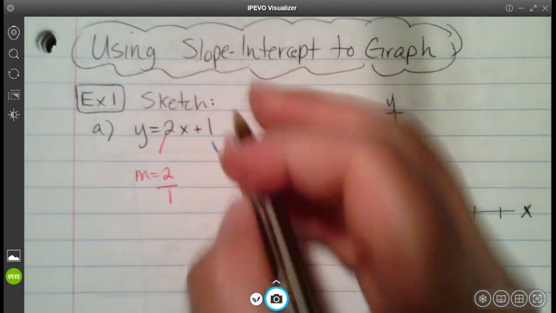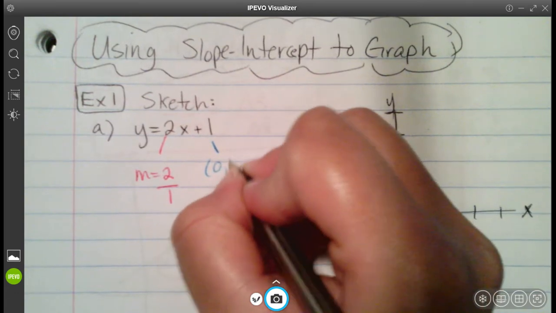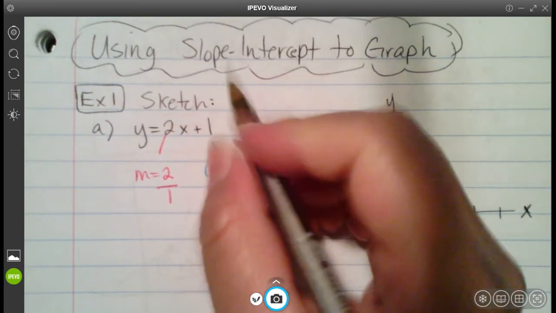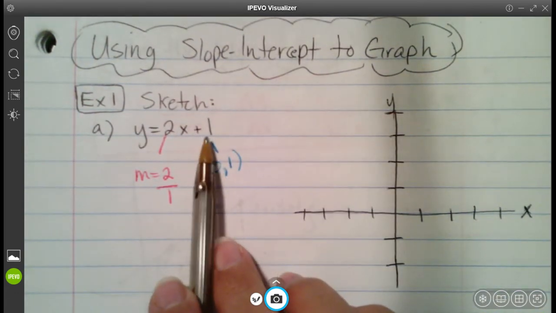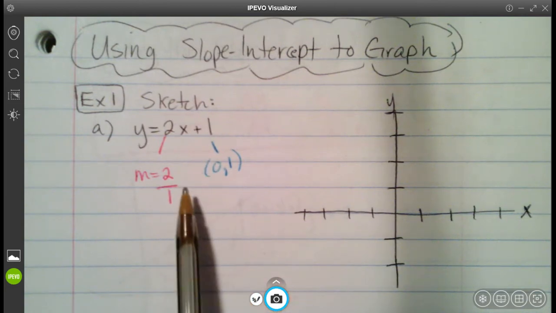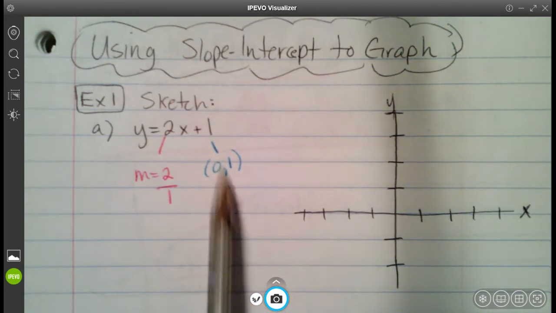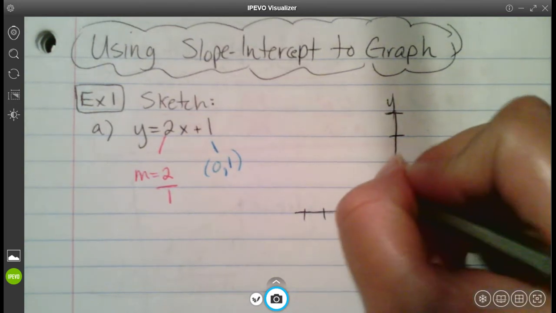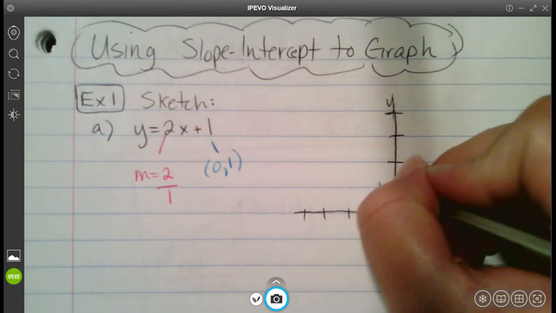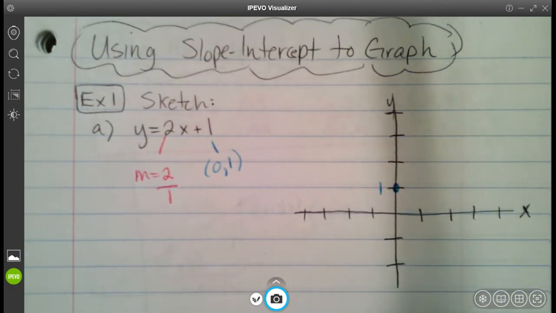So my point there is going to be (0, 1), because remember that x is equal to 0 at this point. What I usually do is start with the y-intercept. So (0, 1) is right here. Then from there, I'm going to use my slope to figure out some more points.